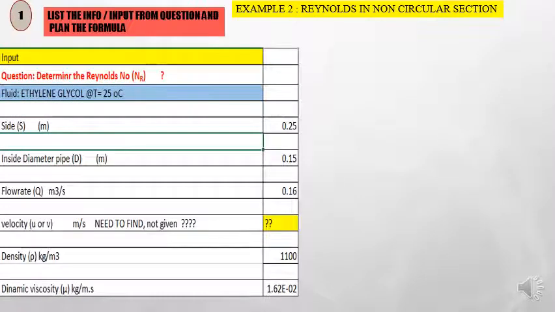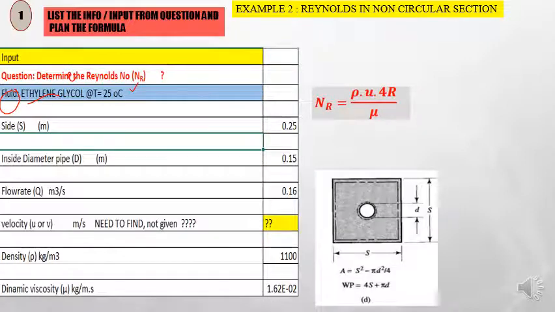Here is the information that we extract from the question. The question needs you to determine the Reynolds number, in order to know whether the flow is laminar or turbulent. The fluid is ethylene glycol at 25 degrees C, and it flows through the non-circular section, where the figure of the flow inside the section is given.